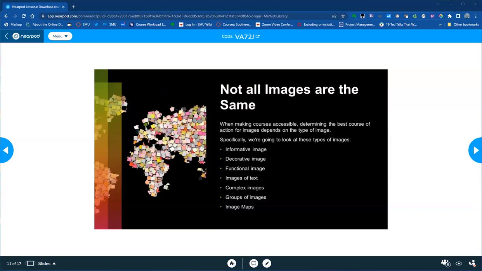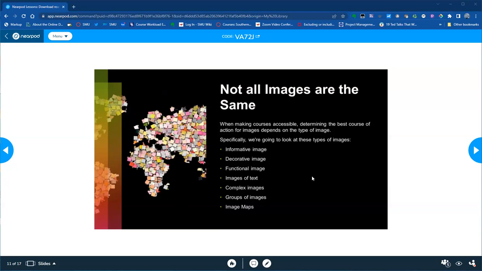It's fine. Functional images are a little bit different. Functional images are images that actually convey a function. So for example, if I had said, which dog are you today, and those numbers, the 1 through 9 numbers, were actually buttons that you could click on, that's a function, then it's performing a function.